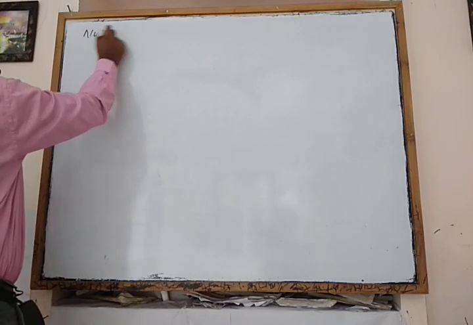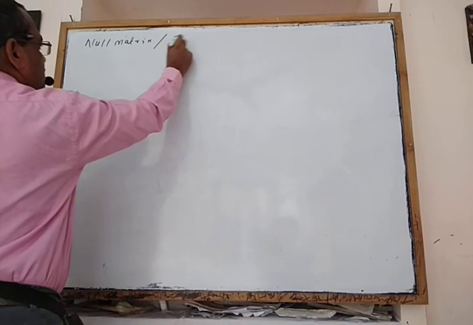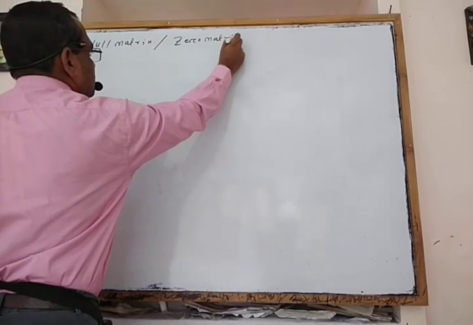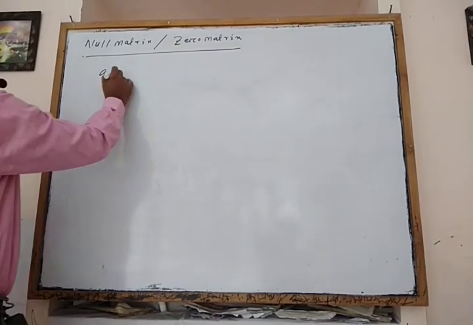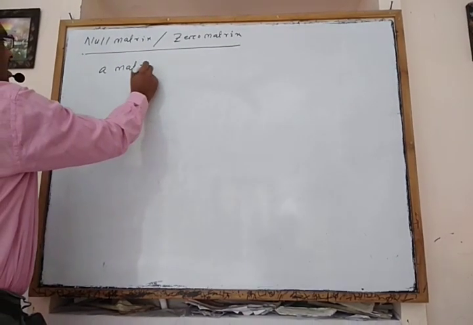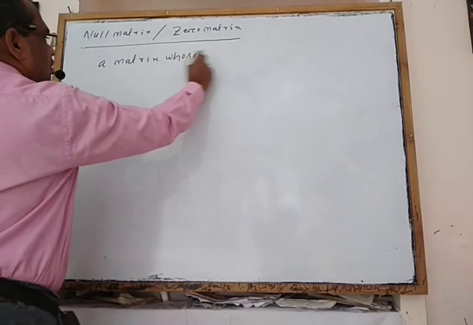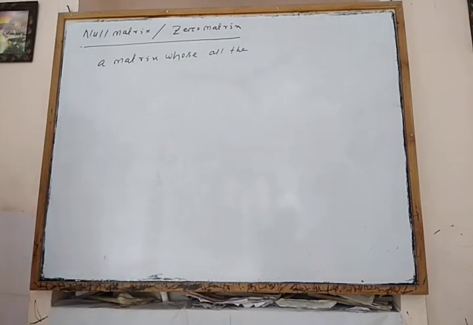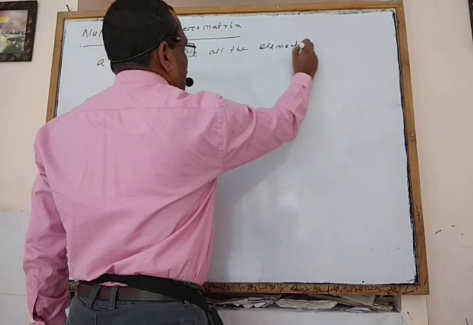Next, null matrix or zero matrix. Null matrix: a matrix whose all the elements are 0.